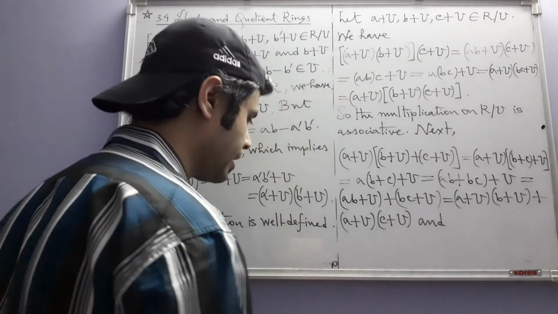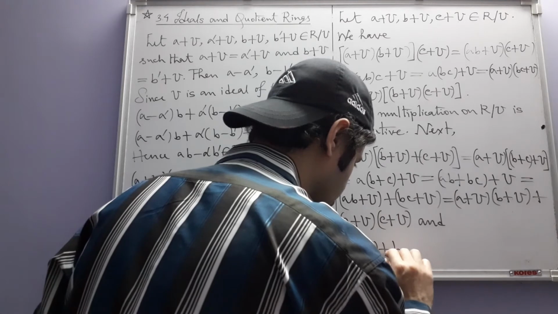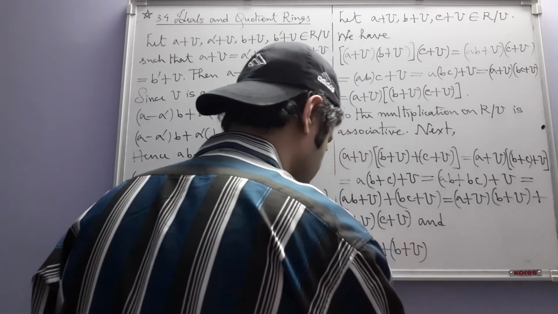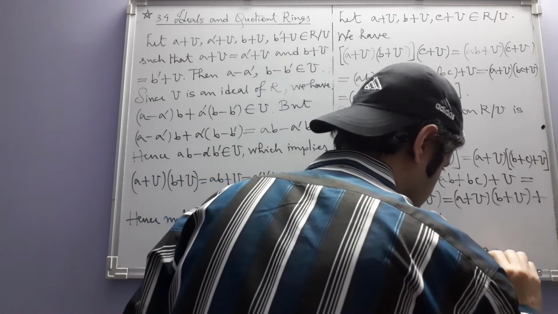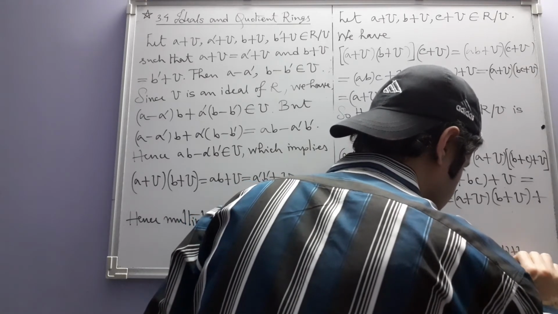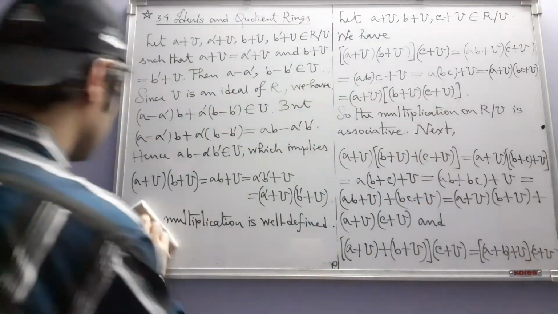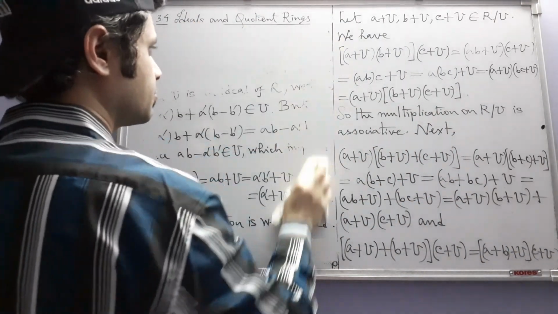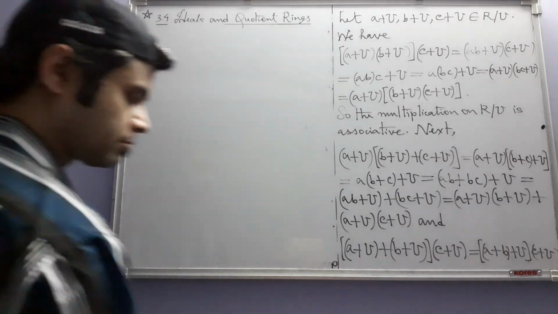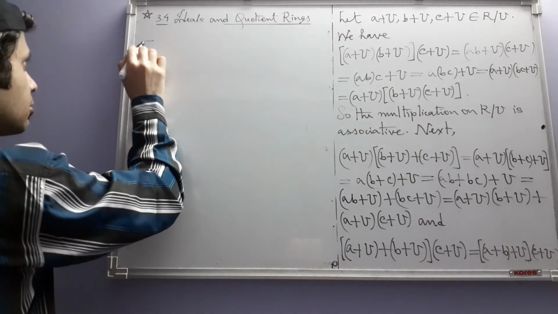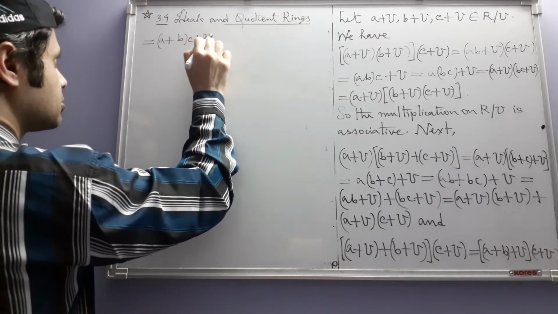Now we verify the right one. It's similar, but let's just go through it. ((a plus u) plus (b plus u)) times (c plus u) is equal to (a plus b) times c plus u.